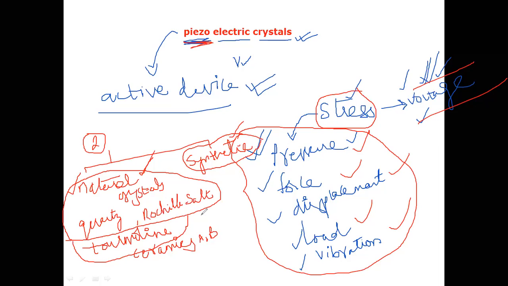Examples for synthetic crystals are lithium dihydrogen phosphate, lithium hydrogen sulfate, dipotassium tartarate, ceramics A, ceramics B.